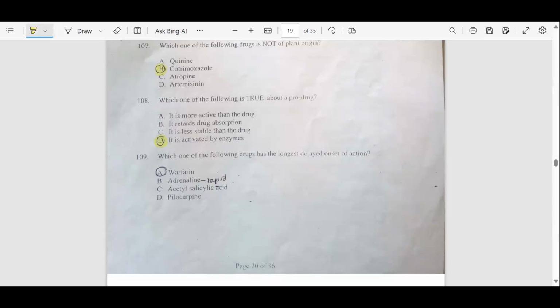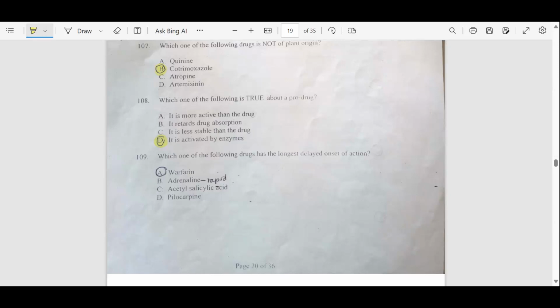Is morphine a prodrug? I don't think so. The glucuronide metabolite is more active, but even morphine itself is active.